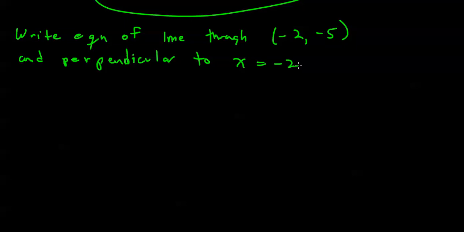Now here's another one where students might waste a lot of time punching buttons on their calculator, getting frustrated, when really a moment's reflection should be able to tell you the answer.